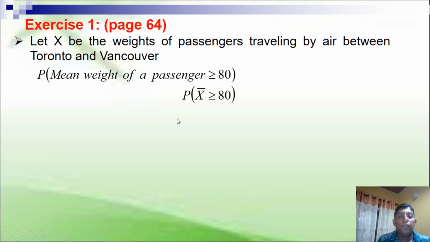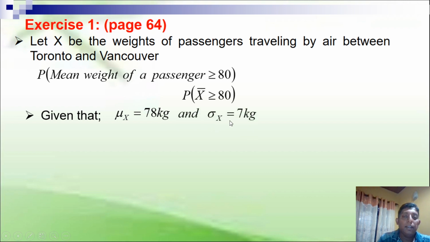Then we need to identify the distribution of X bar, the sample mean. You are given that the mean weight of the individual passengers is 78 kilograms, the standard deviation of the weight of a passenger is 7 kilograms, and the sample size is large.